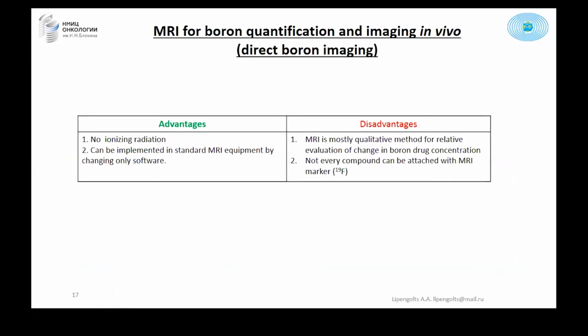The advantages and disadvantages of this approach are somewhat similar to direct boron detection with MRI, that is, no ionizing radiation. Particular to this method is the possibility of implementing it in standard MRI equipment. So there is no need for hospitals to purchase, and for manufacturers to develop, new equipment.